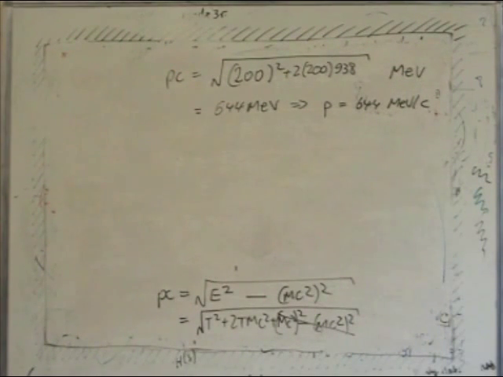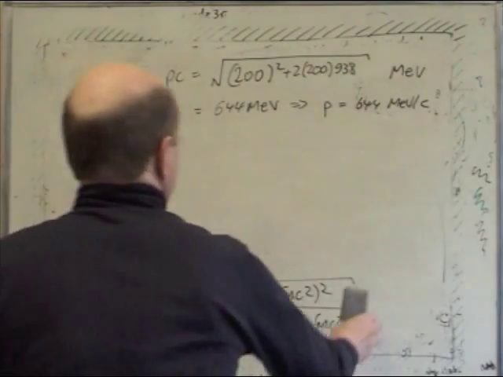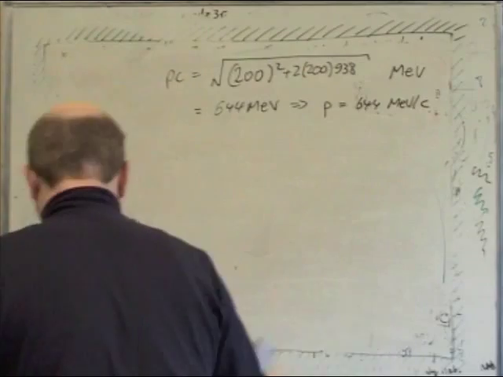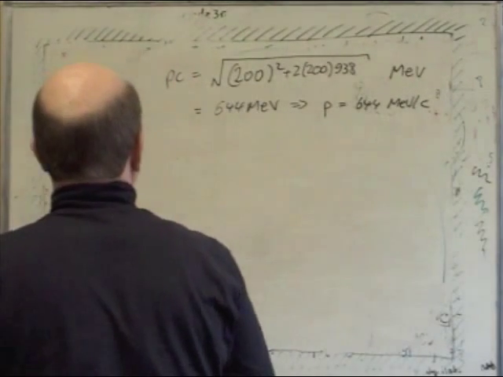Right, now the next part of the question is to figure out the mass of a particle produced when the electron and the proton collide.